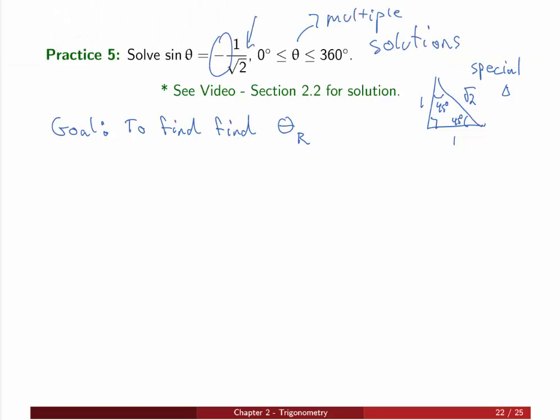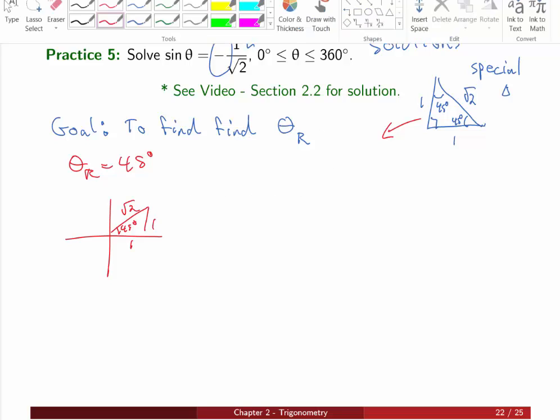Using that, knowing theta r comes quite quickly. Theta r is going to be 45 degrees, because you can transpose this special triangle right onto here. At 45 degrees, you're going to have a 1 and a 1 and a root 2.